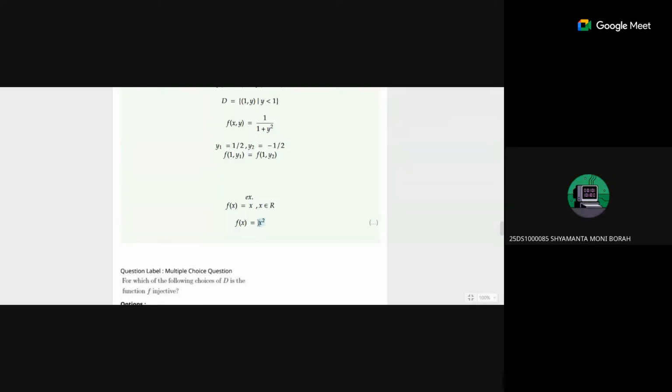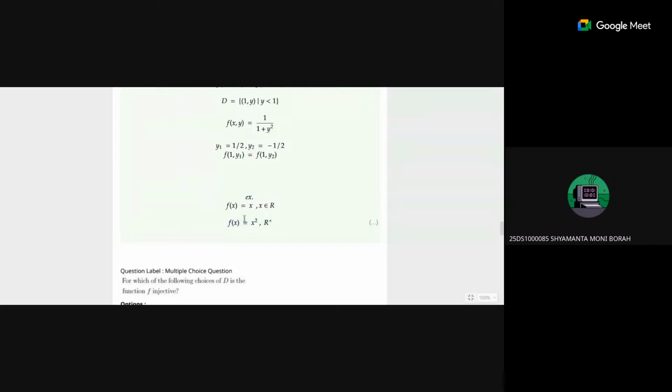This is not onto, because the output of this function will be only positive, we cannot have negative values. Not all real values are allowed here, we only get R plus. So this function is neither one-one nor onto.